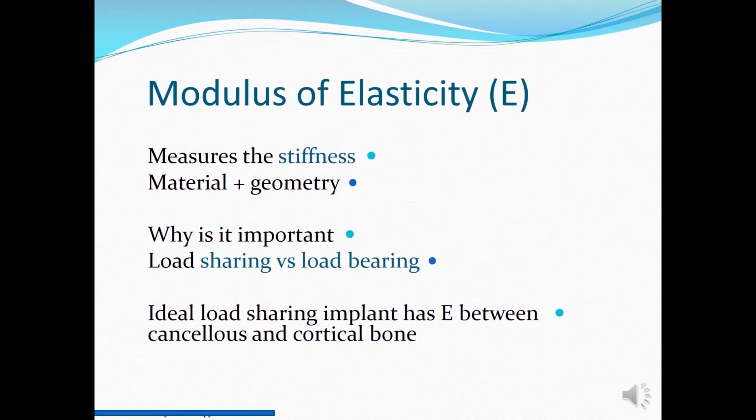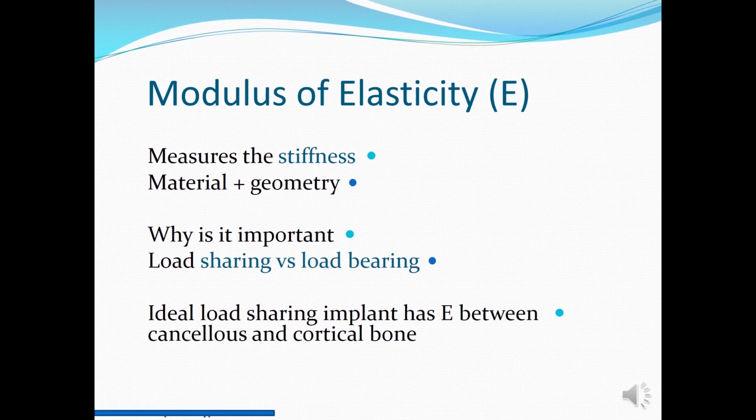So what is the modulus of elasticity? As I said, it is the measurement of the stiffness of the material, and it depends on the material and the shape or geometry of the material, whether it is rectangle or rounded or whatever.